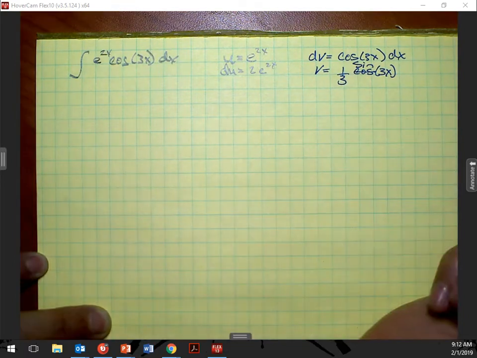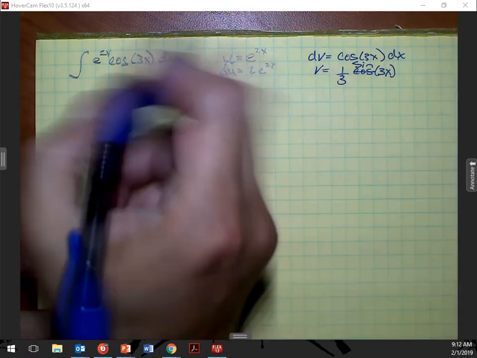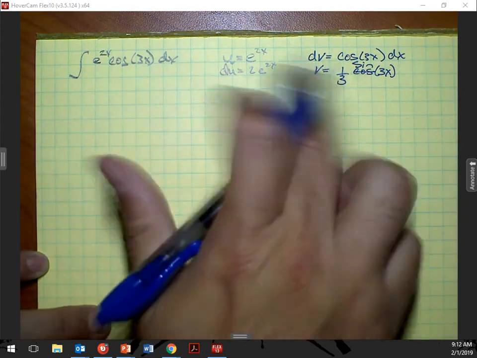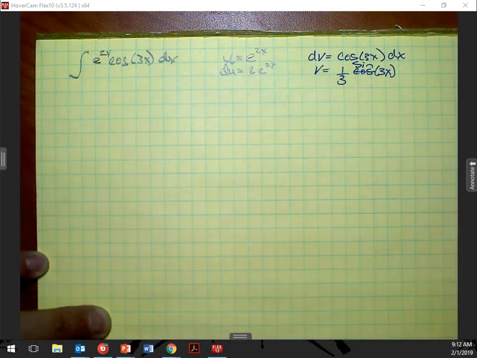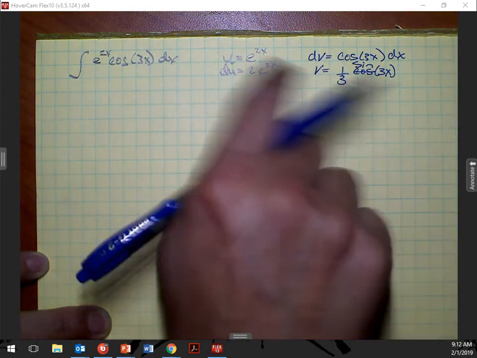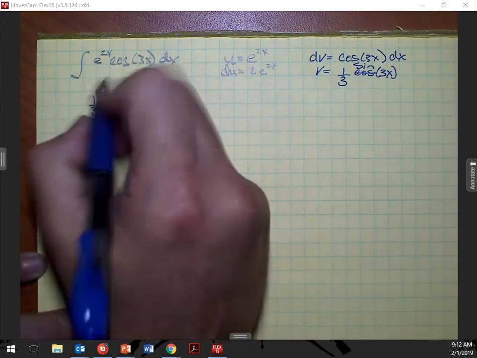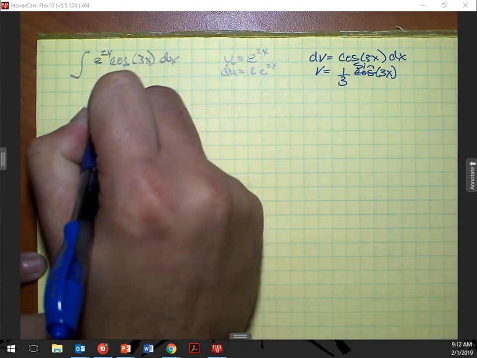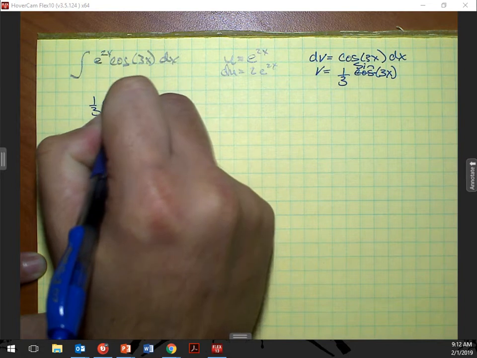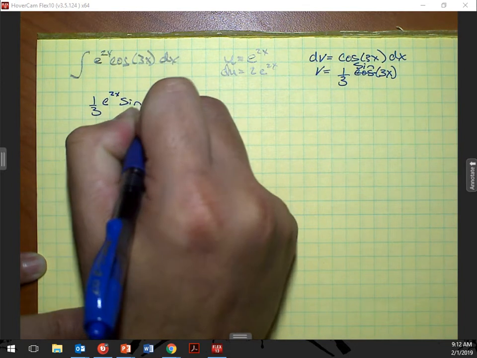All right. So my formula is going to be my uv. I'm going to put the 1/3 in front to make it a little bit easier because I know these two are multiplying together. So it's going to be 1/3 of e to the 2x sine of 3x.